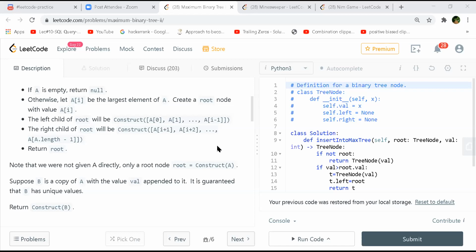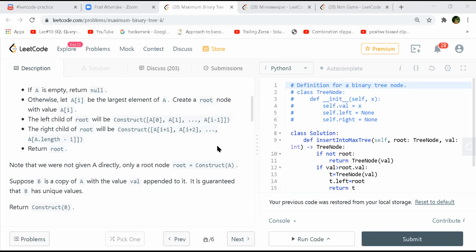That's not even in the problem statement. But maybe these are some of the rules. If you look at the rules they are showing here: if A is empty, return null. Otherwise, let i be the index of the largest element of A and create a root node.